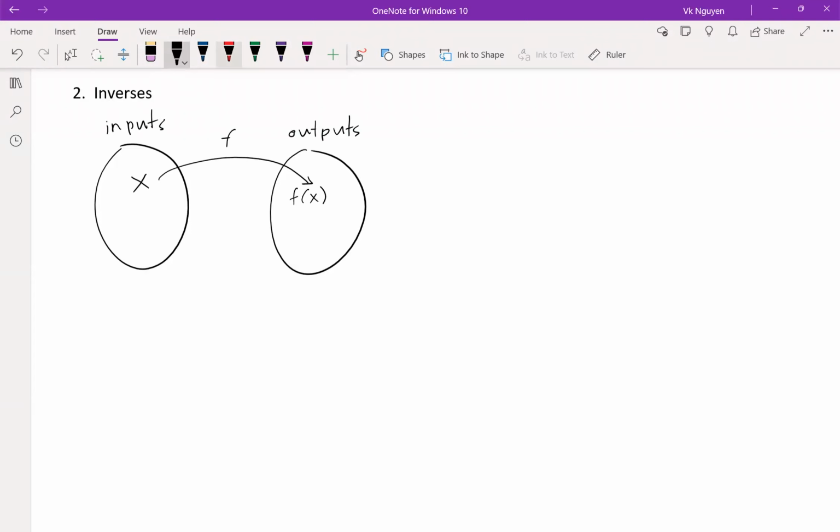The inverse, if it exists, would go the other way. F inverse, if it exists. Notice that from this mapping here, the domain of f is the range of f inverse.